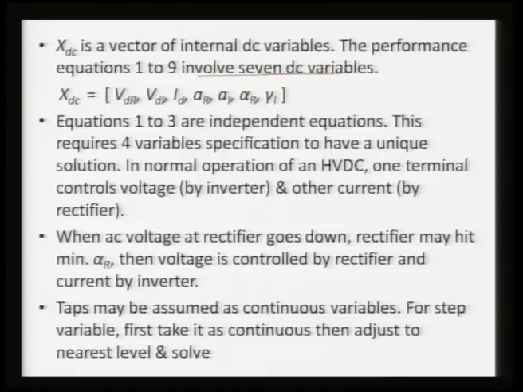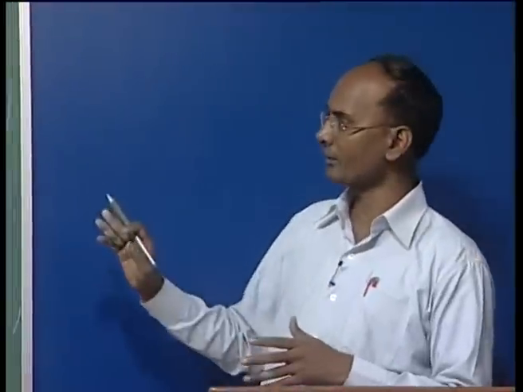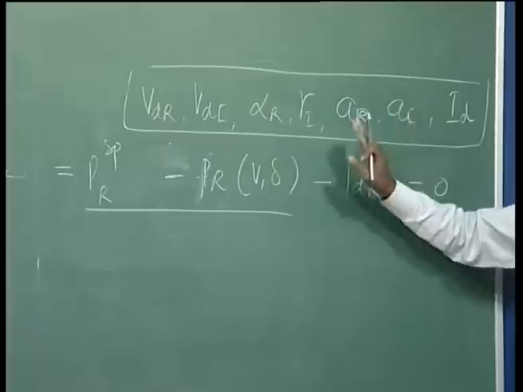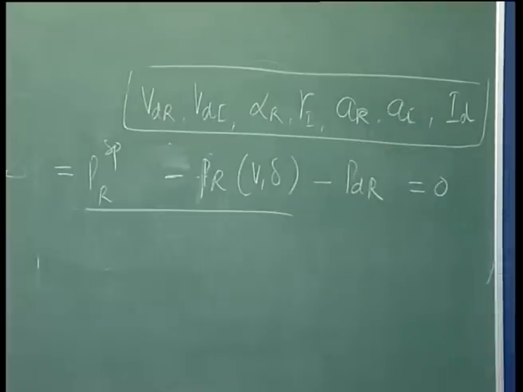Equations 1 to 3 are independent, so we can use them, and this requires 4 other variables to be specified. Out of 7, we require 4 fixed and 3 we can solve.